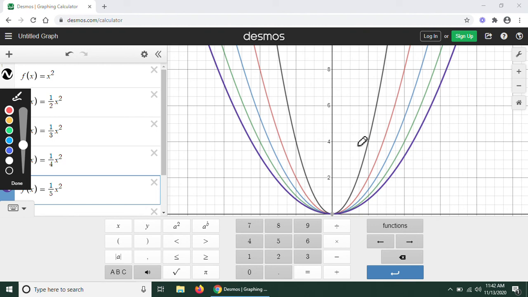The reason the change in this graph is referred to as a compression is that the appearance of the new graphs resembles a situation where someone pressed down on the original graph.